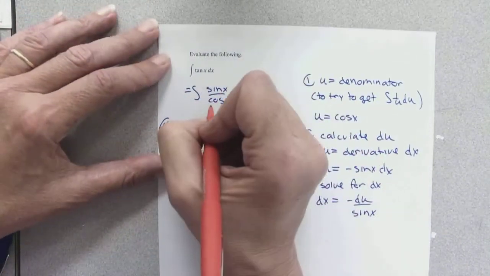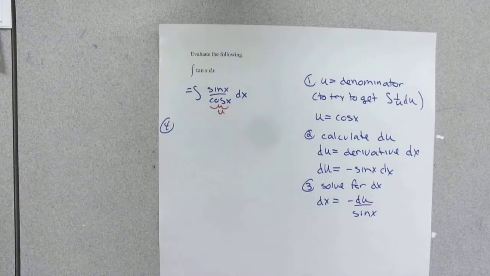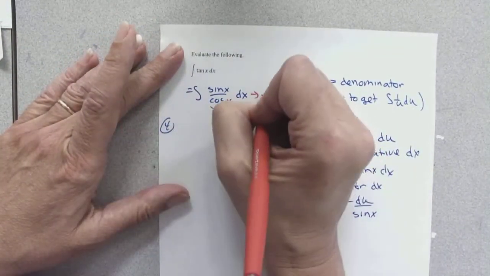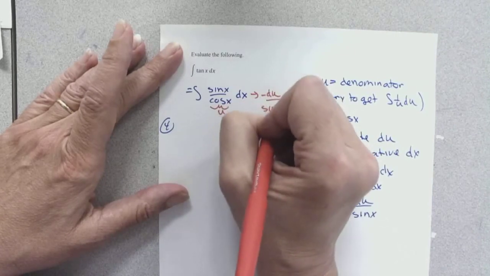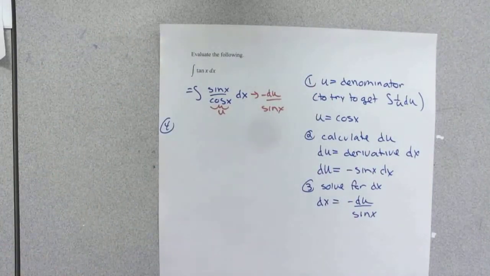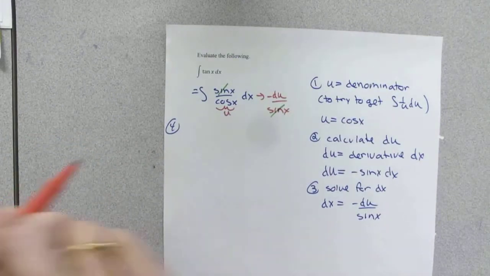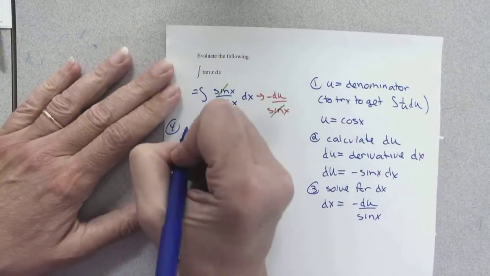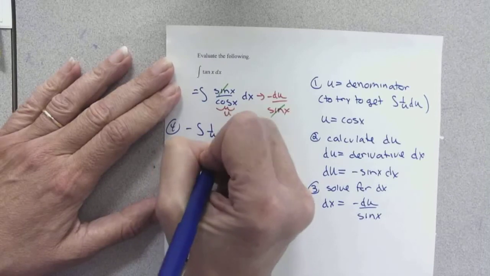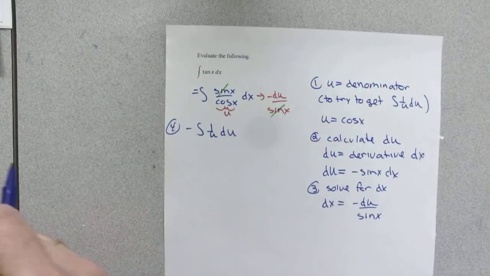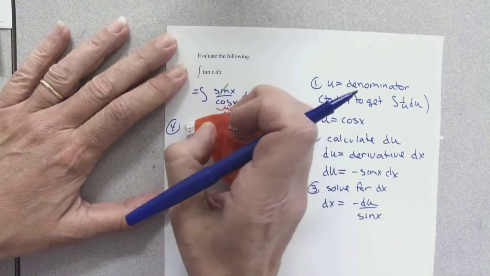Then make my substitutions. So the cosine x is going to be u. dx is going to be replaced by negative du over sine x. We get good canceling there. The negative can come all the way out to the front, and I have created 1 over u du.